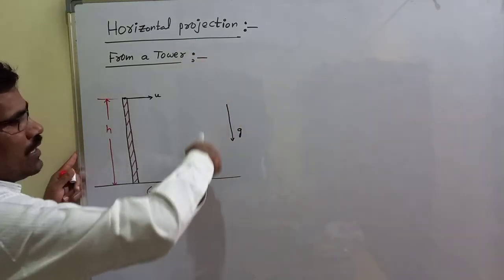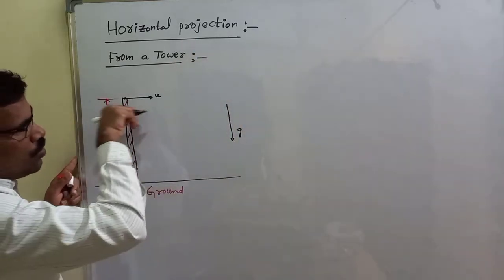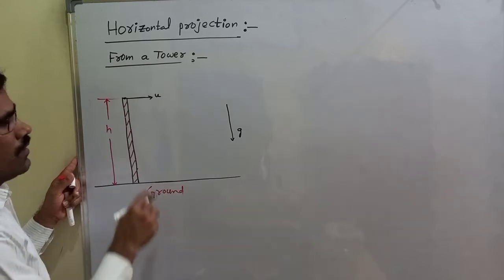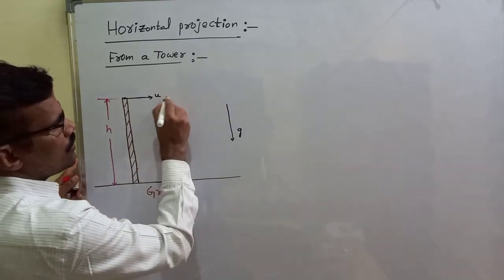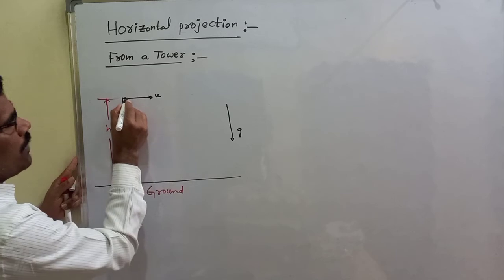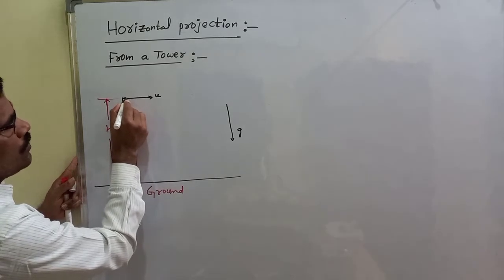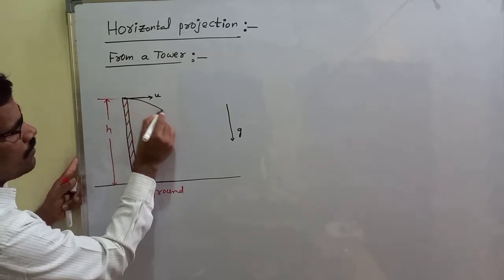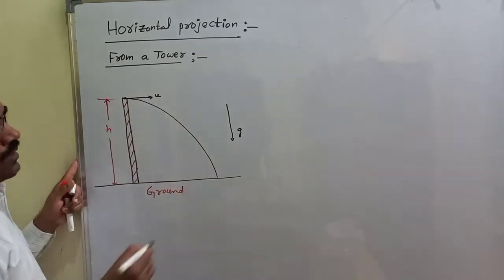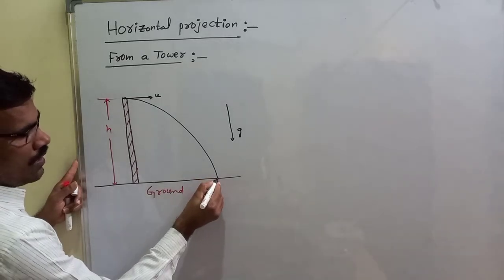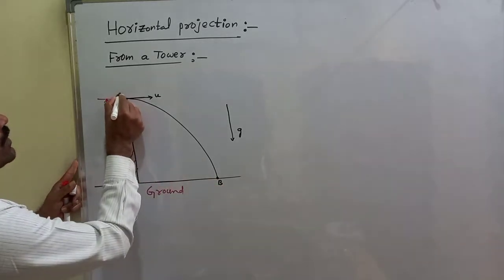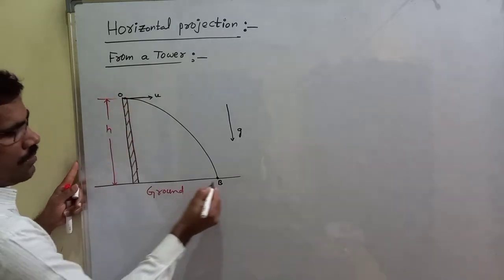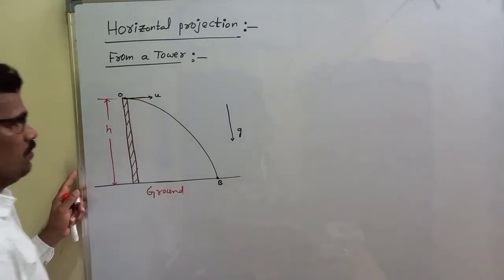It does not continue in a straight line motion. It bends towards the ground. It reaches the ground and strikes at a point B. Here O is the point of projection, B is the landing point.